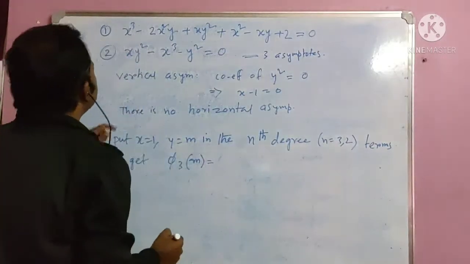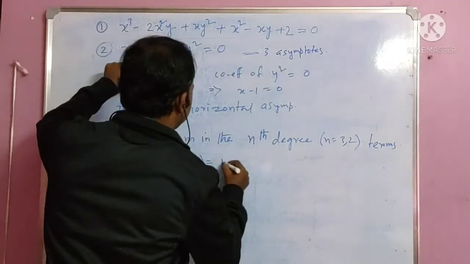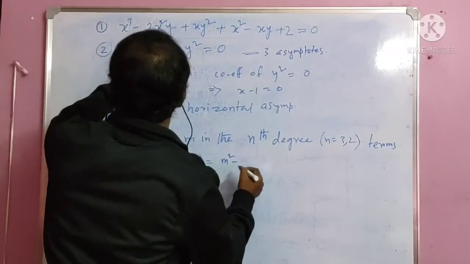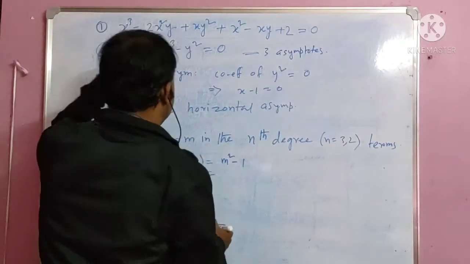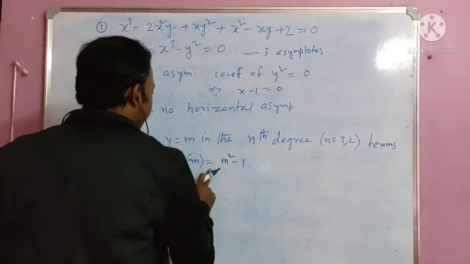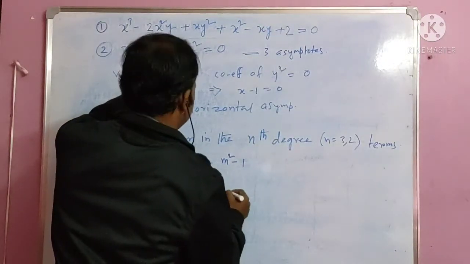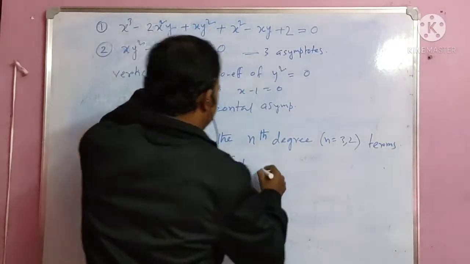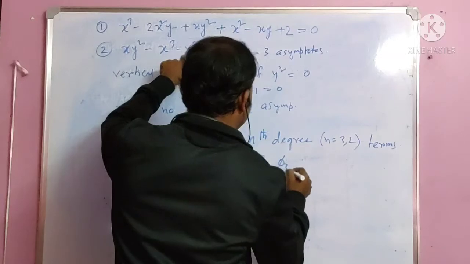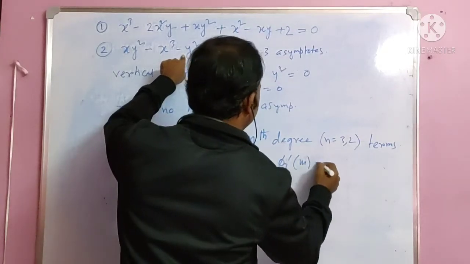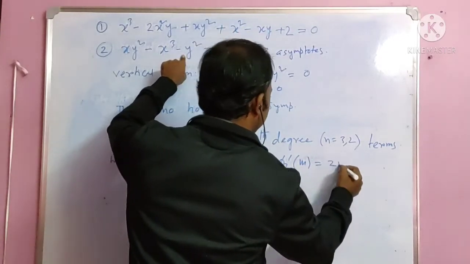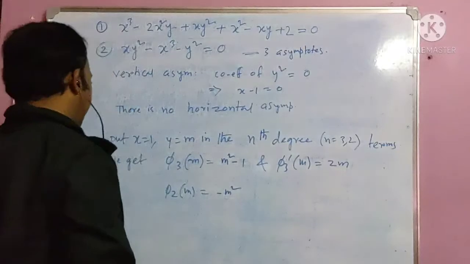Phi 3m equals to, in x equals to 1, m square minus 1. Okay. Phi 2m is equals to minus m square. Now we calculate phi 3 dash m. This gives 2m. Okay.